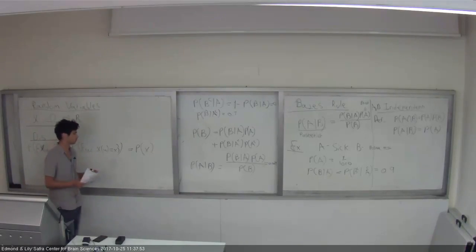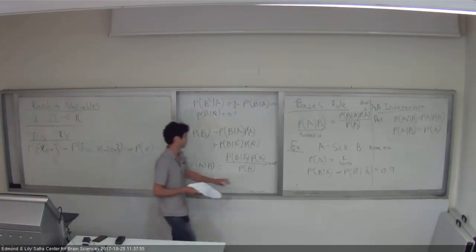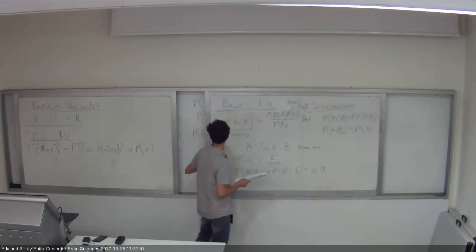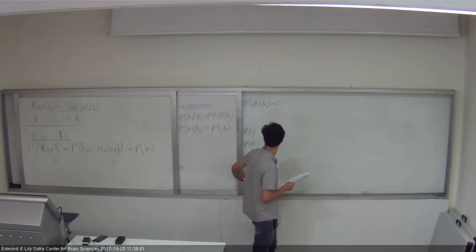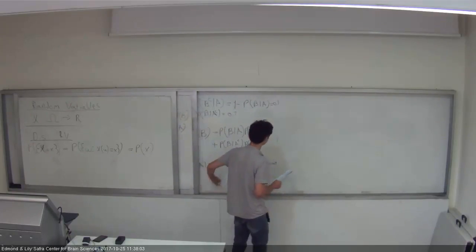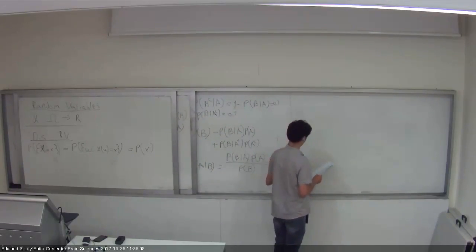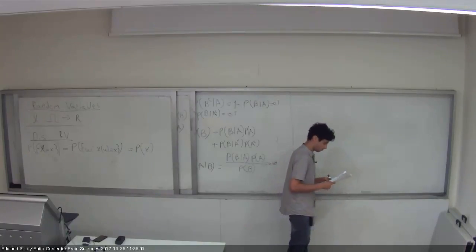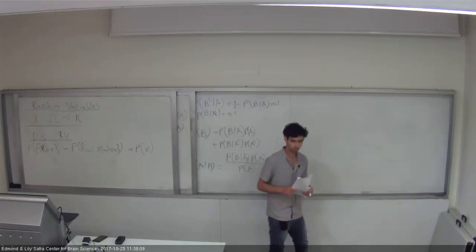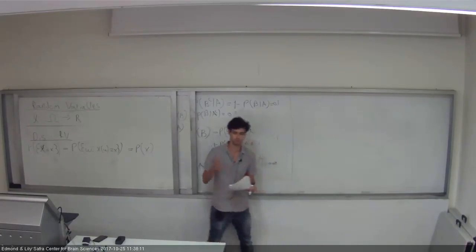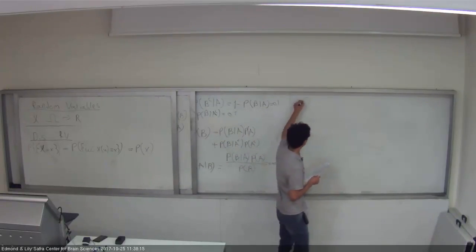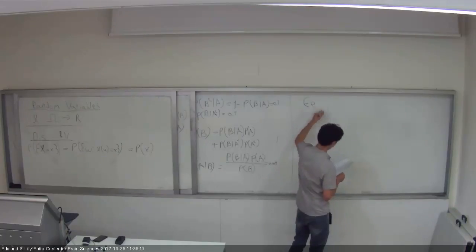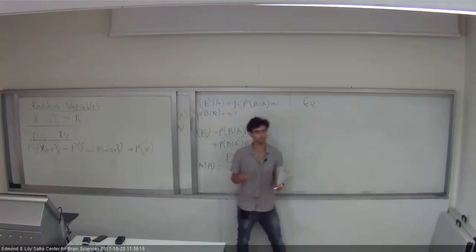So let's do a small short example. Now let's suppose that a fair coin is tossed twice. So what is the probability space?